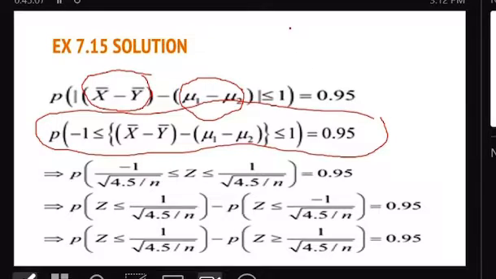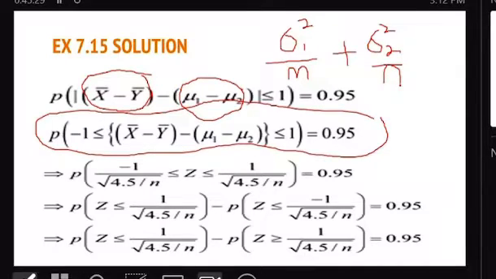We've gotten the variance of the difference to be this guy divided by M plus this guy divided by N. And we've been told M equals N. So I can just have sigma 1 squared over N plus sigma 2 squared over N. And you'll be given the values of sigma 1 squared, the variance of the first one, and the variance of the second one.